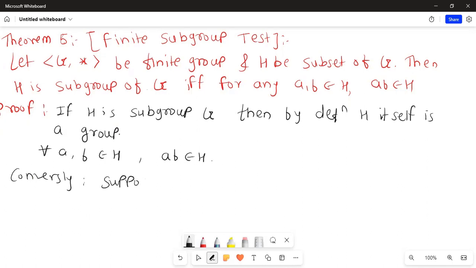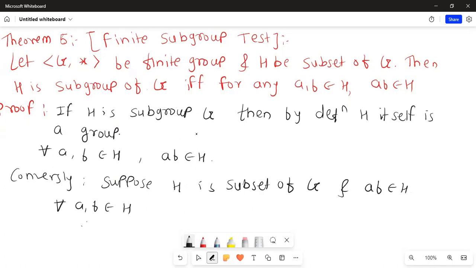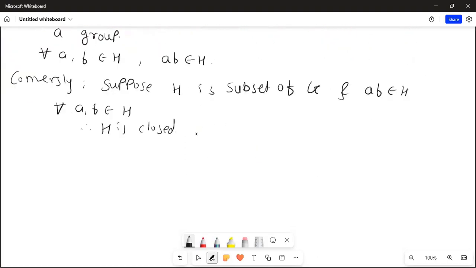सपोज H is a subset of G and AB belongs to H for every A, B belongs to H and therefore H is closed. Okay.